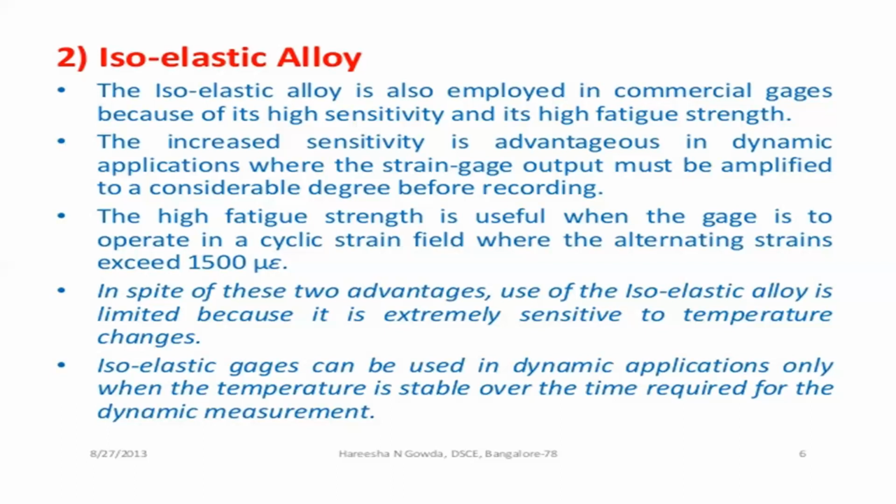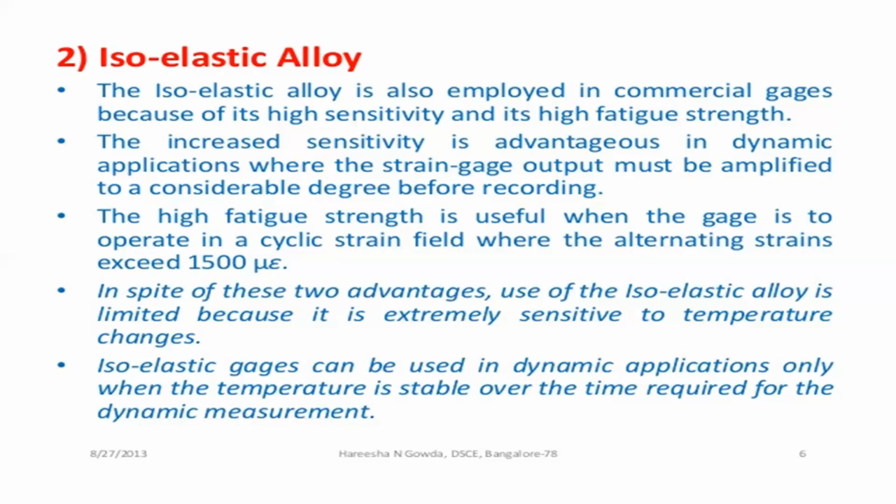So in spite of these two advantages, we can use these isoelastic alloys only in a limited way because they are extremely sensitive. So these strain gauges can be used in a limited amount only. Why? Because when the temperature changes in those strain gauges, they can be damaged.